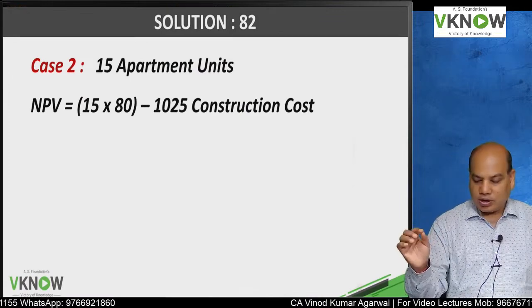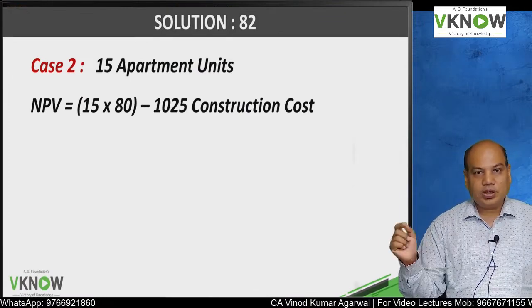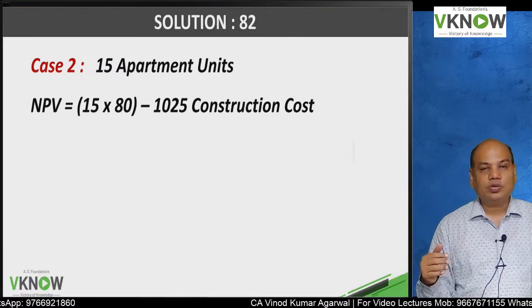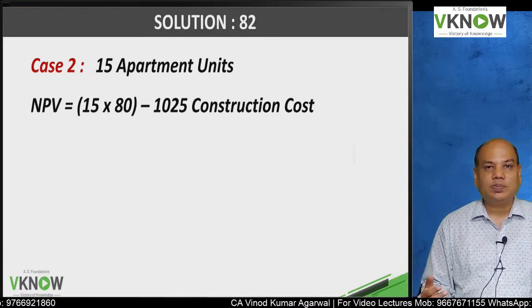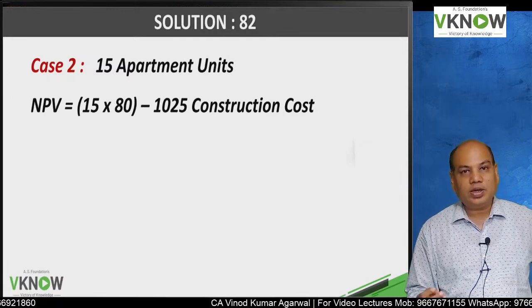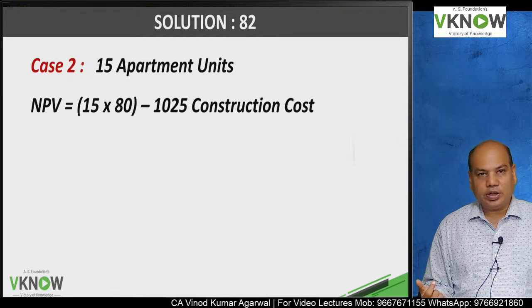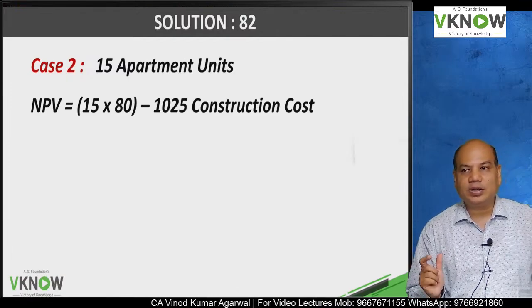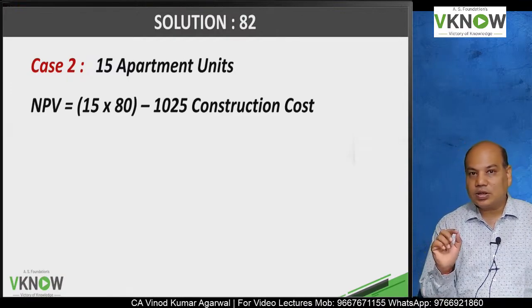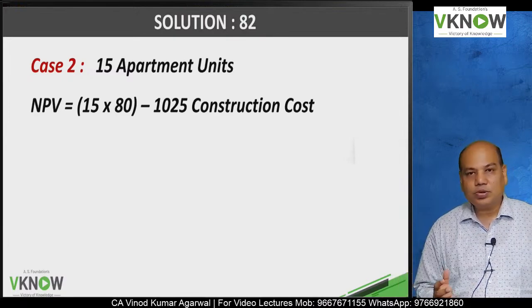Now write down case 2, 15 apartments. Suppose I want to construct and sell 15 apartment units. What will be my NPV or profit? So 15 into 80, selling price per apartment is same, but the construction cost will not change proportionately.